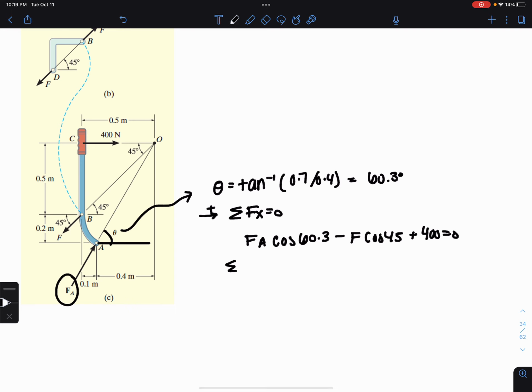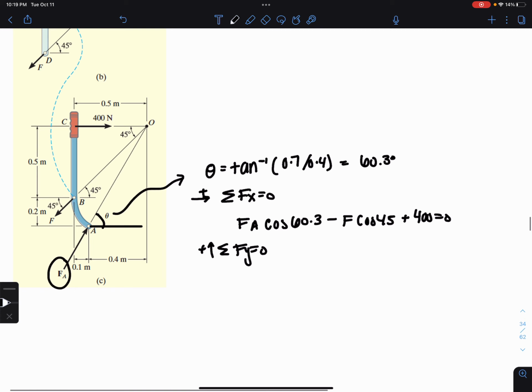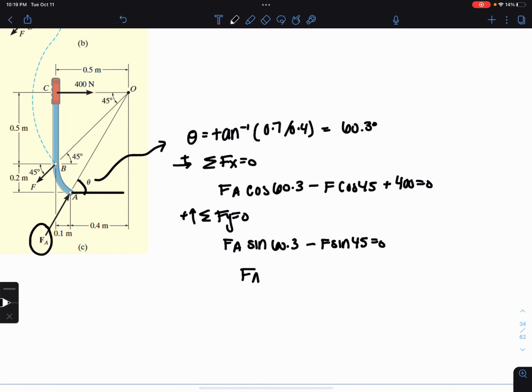And I can sum Fy equals 0, up is positive, and I can now solve two equations and two unknowns for F and FA, and I get 1.07 and 1.32.